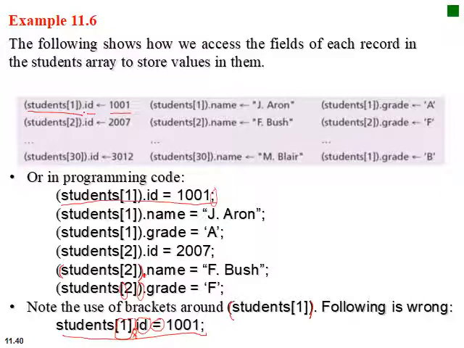So just don't ever forget to put the brackets around the array when we have such a case. We don't have to put brackets in a normal situation like we had before, if we just have a record structure called student. Remember, student.ID, for example, is completely valid. We don't have to put the brackets around student because there's not this problem of the square brackets that might be confused.